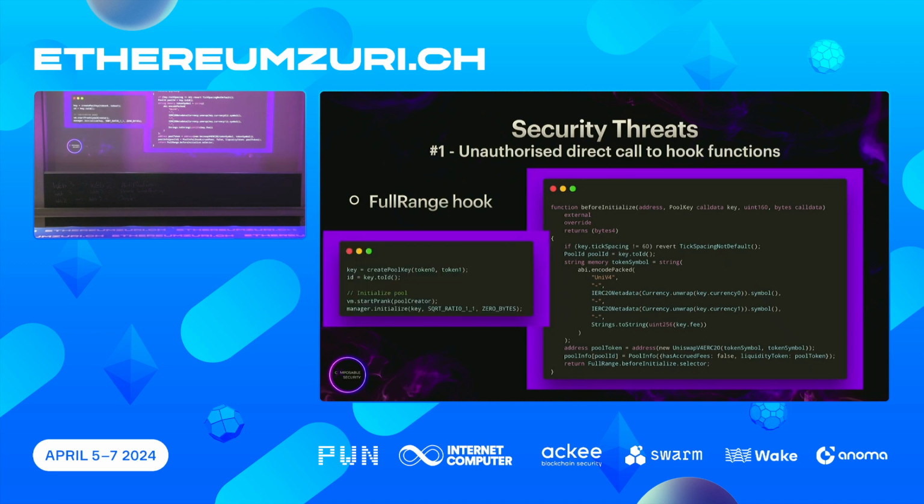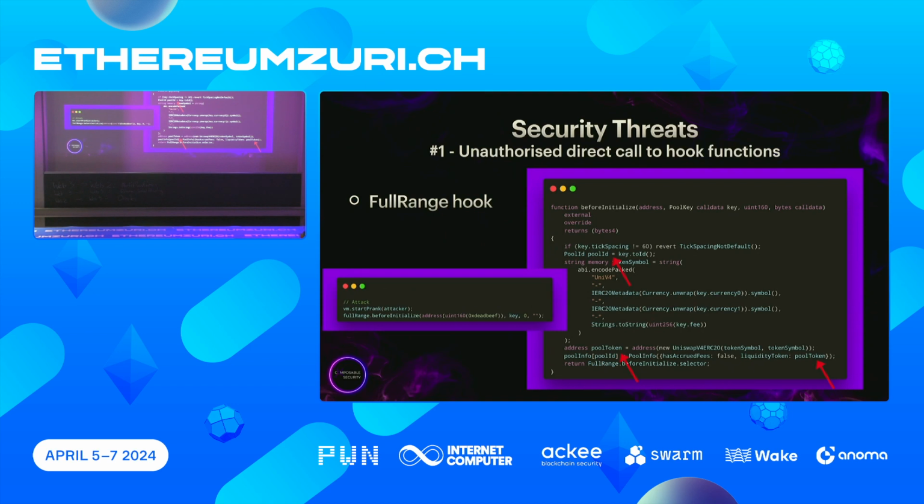And here is the flow. Anyone can call this initialize function on the pool manager, and the pool manager will call this function. However, as you can see, there is no protection on this function. So anyone can call it. So what happens if some kind of attacker calls this function directly?